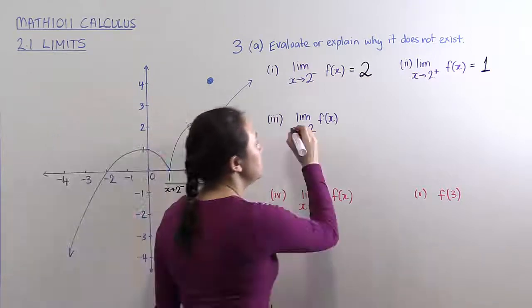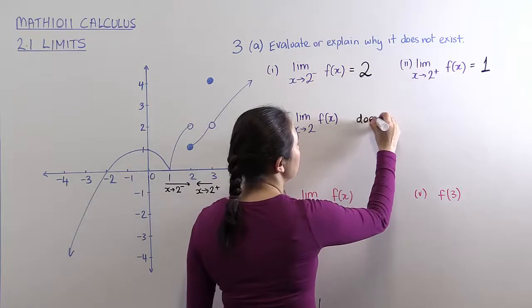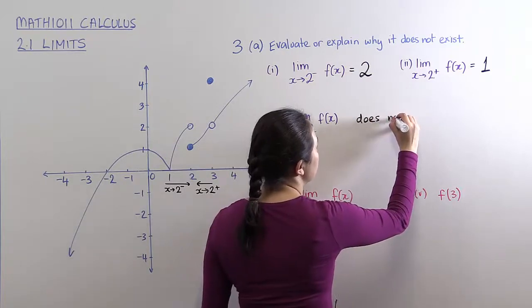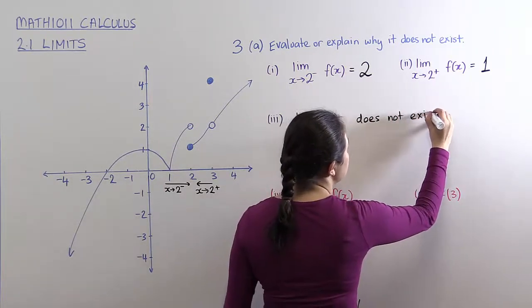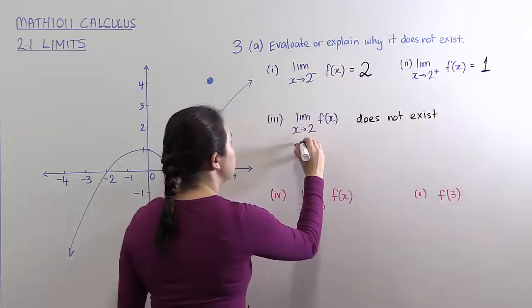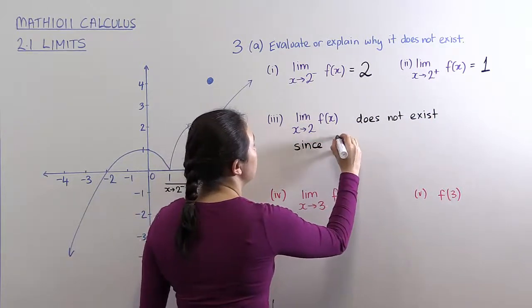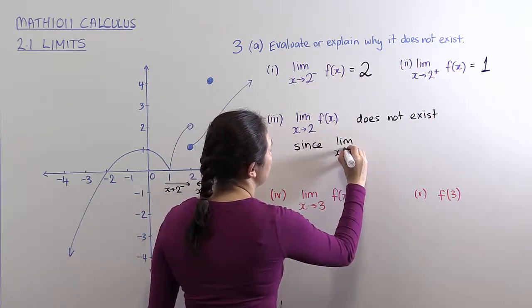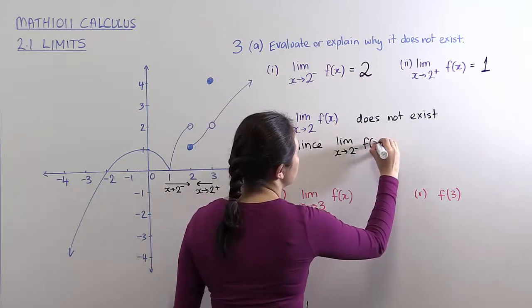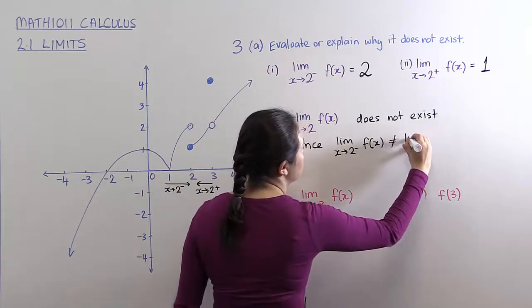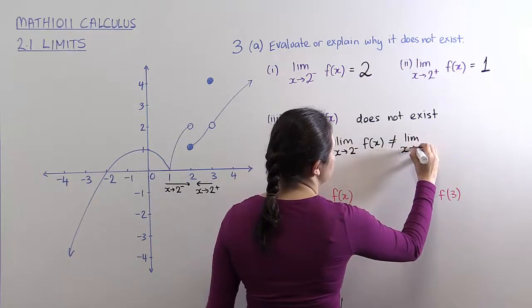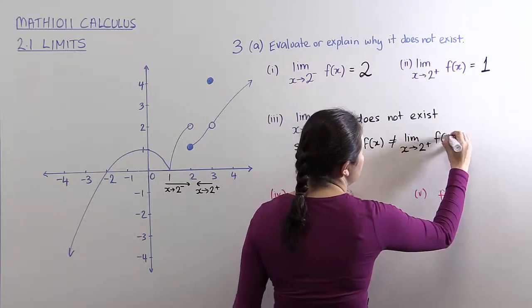So that means that this limit overall, as x approaches 2, does not exist, right? It does not exist since the limit as x approaches 2 minus of f of x does not equal the limit as x approaches 2 plus of f of x.